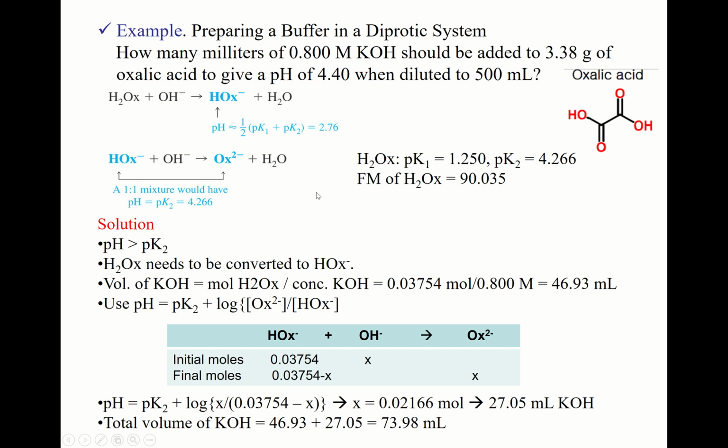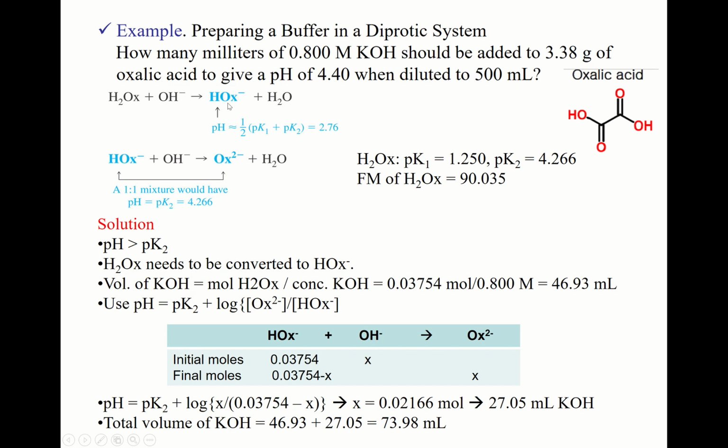In order to reach pK2, you have to pass pK1 first. So the first step is to completely convert H2Ox to make enough hydrogen oxalate.